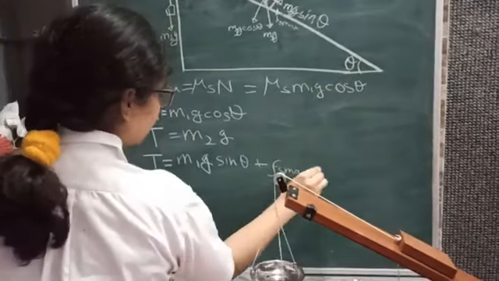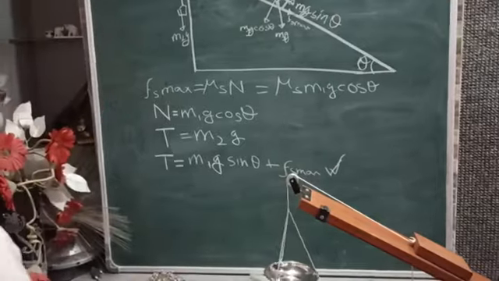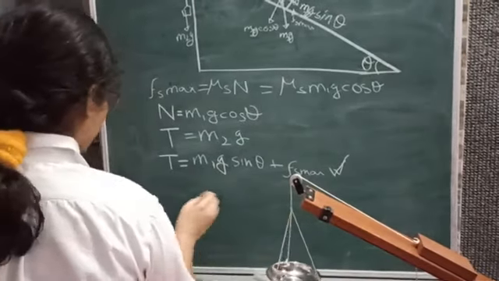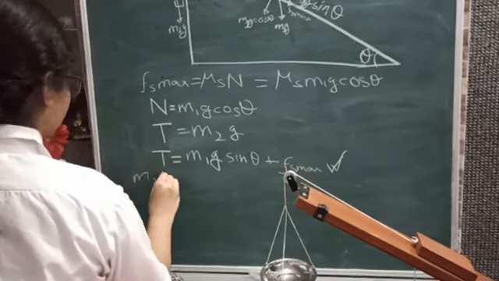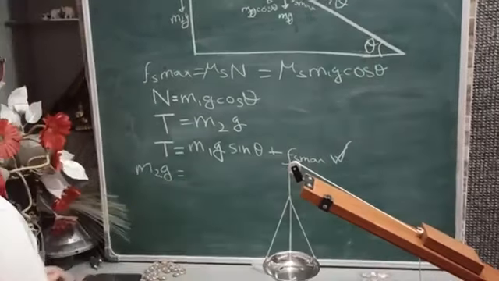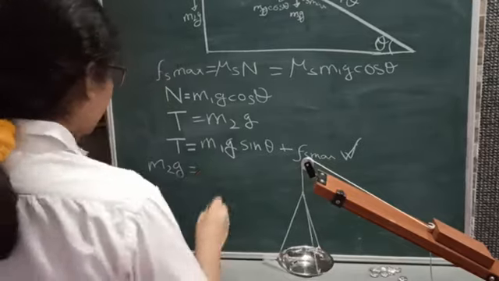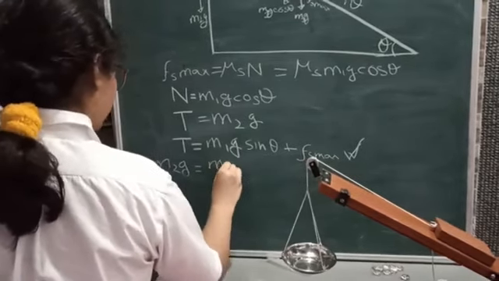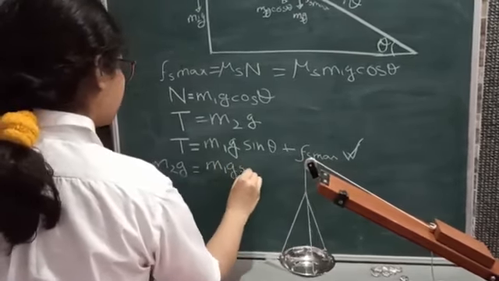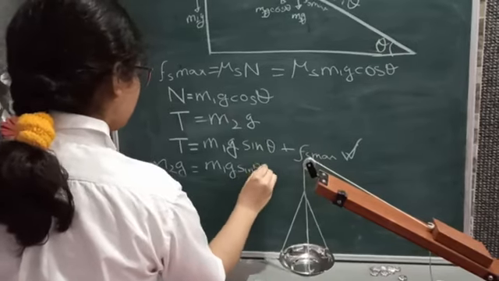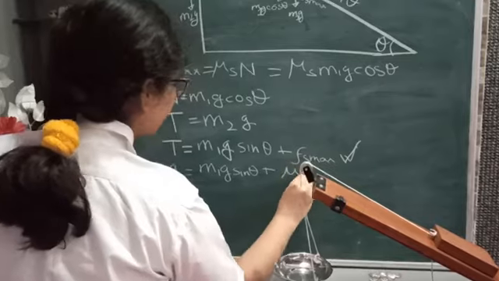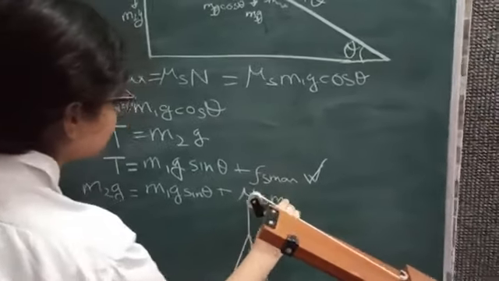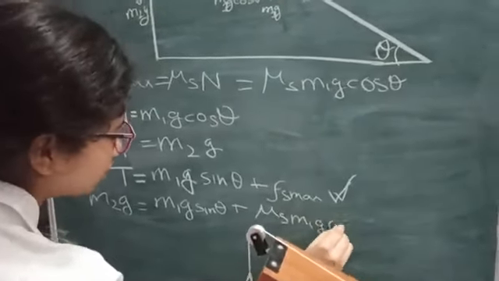Now we will put all the values into this equation. So we get m2g is equal to m1g sin theta plus, for Fs max, mu s into m1g cos theta.